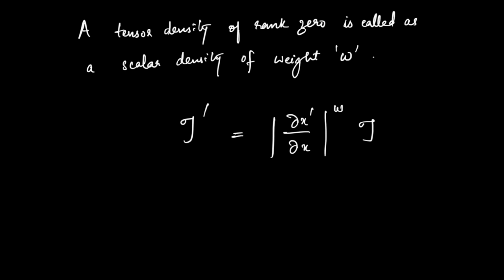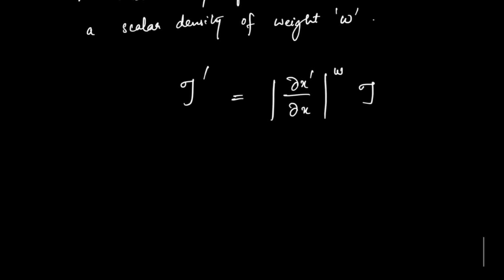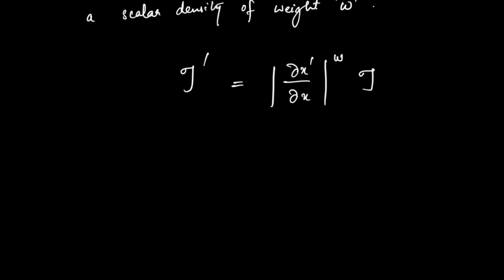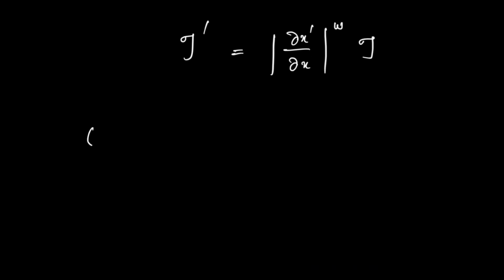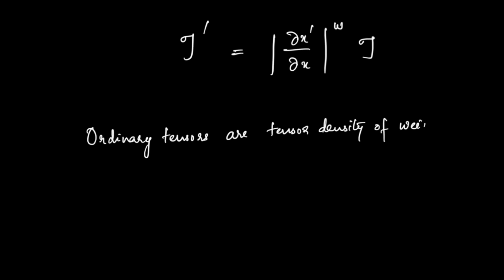And now how can you reduce it to ordinary tensors? Tensors are a subclass of tensor densities. So when does that happen? You can say that ordinary tensors are tensor densities of weight 0.